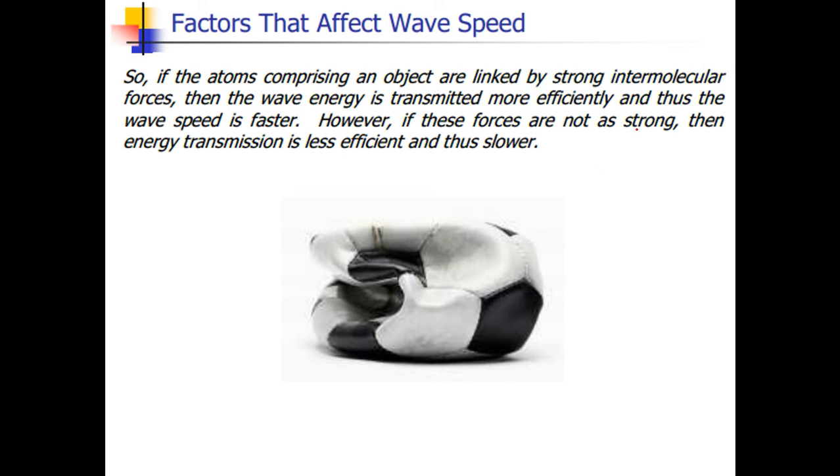You guys haven't really talked about intermolecular bonds, but intermolecular forces, these are forces between molecules. So not inside the molecule. These are forces between them. Intramolecular, these are forces inside the molecule.